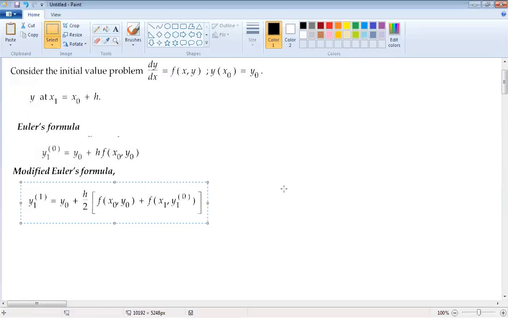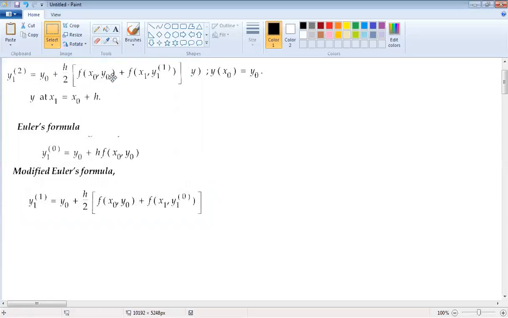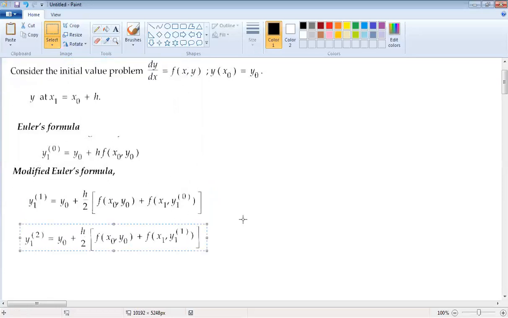If we have to calculate the next iteration after y1 of 1, which we have got, it will be y1 of 2. We denote the second iteration by y1 of 2, and the formula will be y naught plus h by 2 times f of x naught comma y naught plus f of x1 comma y1 of 1.